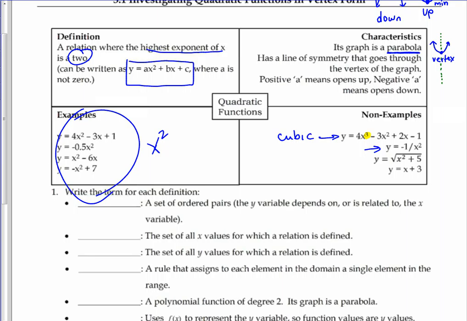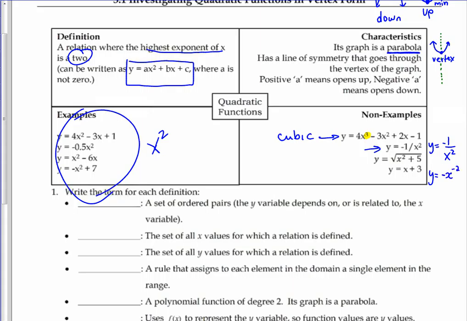Why is y equals negative 1 over x squared not a quadratic? Do you remember your exponent laws from Math 10, roots and powers? Long time ago. How can I bring x squared to the numerator? What happens to the exponent? It becomes a negative, right?